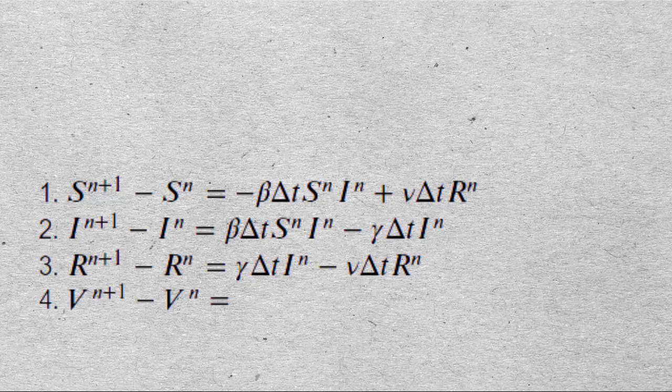A percentage P of the S category will be vaccinated in a unit of time. This means that in the time interval delta t, P delta t S people leave the S category and enter the V category. The extended model adds a fourth difference equation.